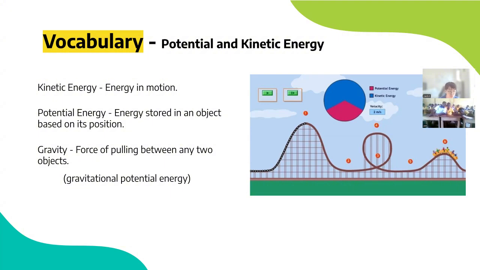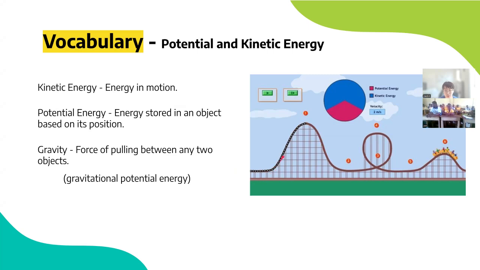Whenever we jump, we get pulled back down into the ground. We will look at how gravity can make us store gravitational potential energy, and how it can be converted back to kinetic energy. This is a classic example with a roller coaster, which we will also see in the video.